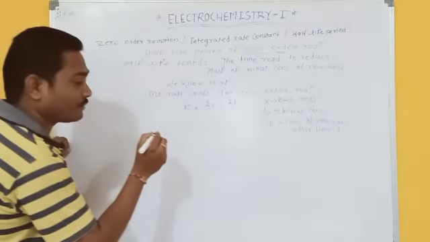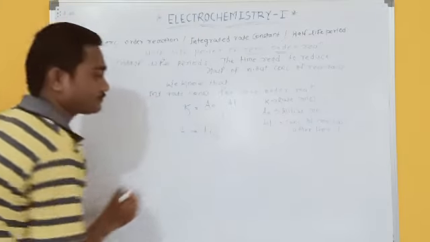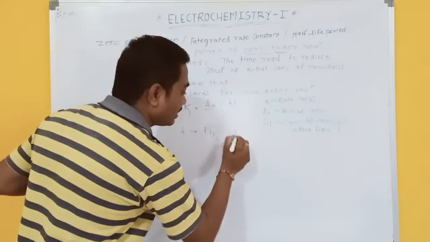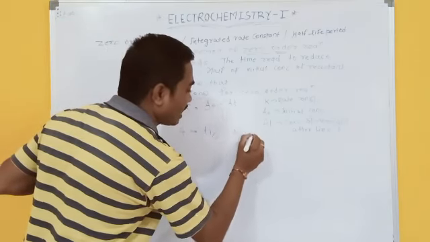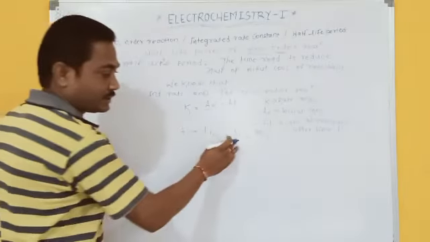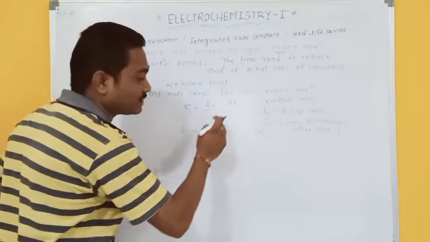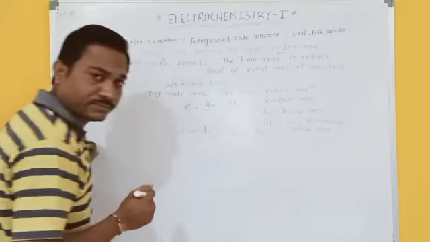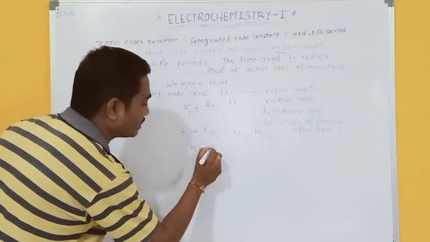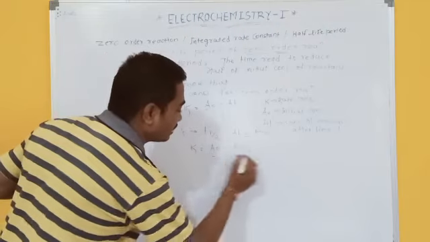In case of a half-life period, t changes to t half, then At becomes A0 divided by 2. When time becomes half, the concentration of reactant also becomes half. Put this value in the above equation. K is equal to A0 minus A0 by 2 divided by t.